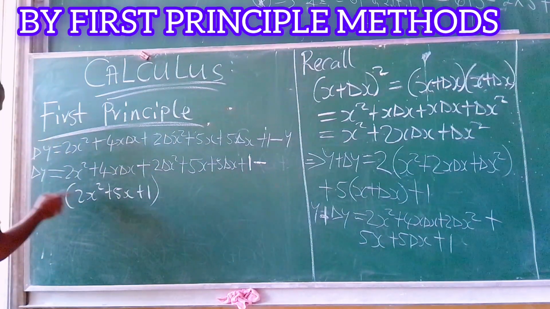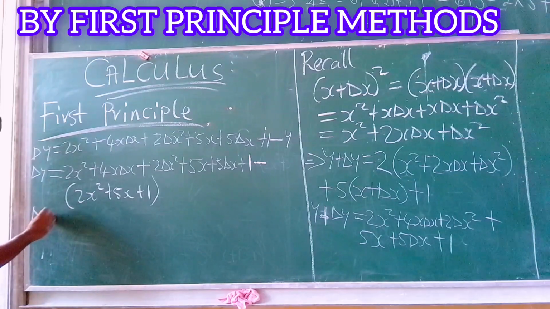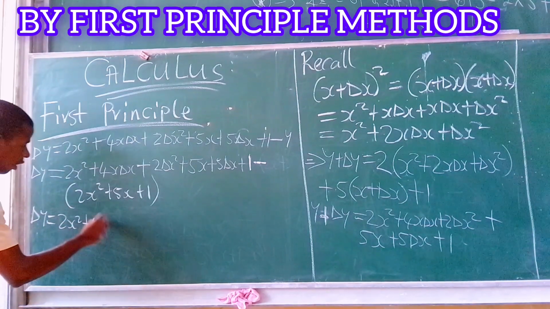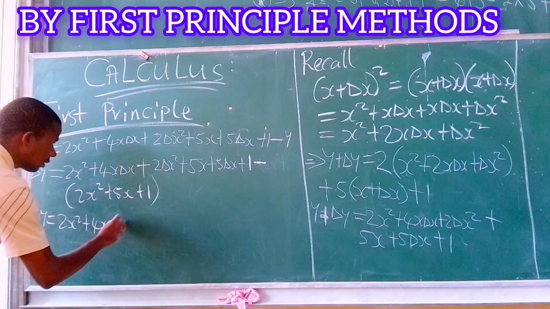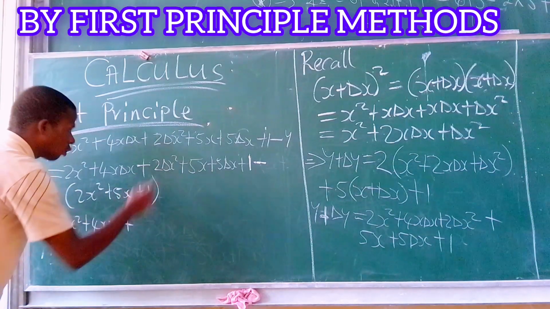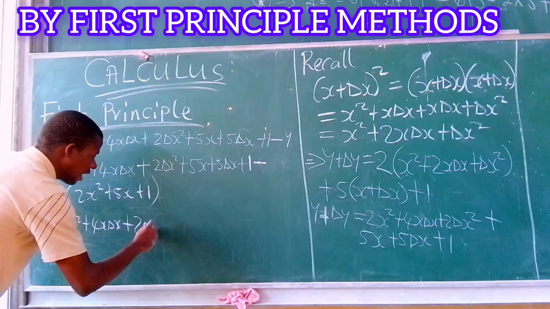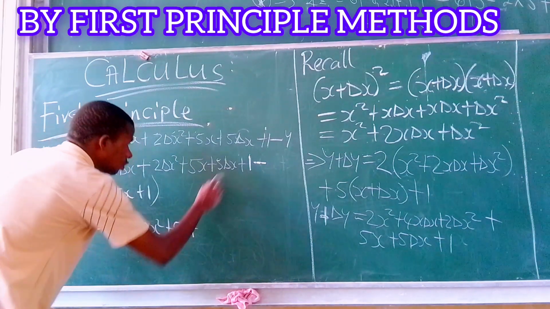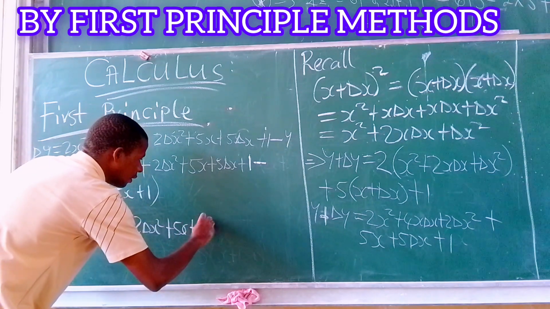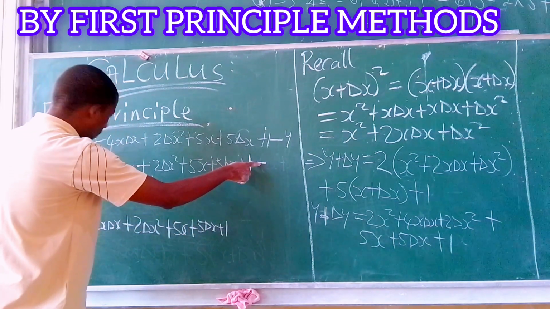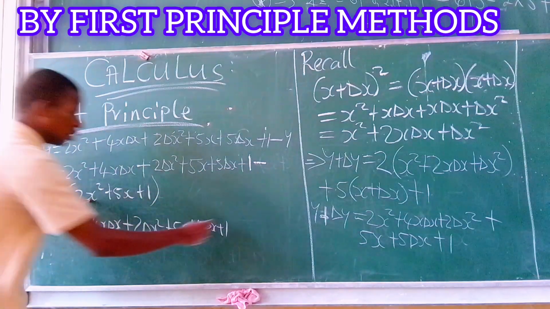Now, it implies that our δy becomes 2x squared plus 4x δx plus 2 δx squared plus 5x plus 5 δx plus 1.